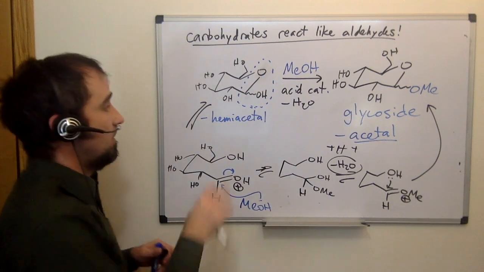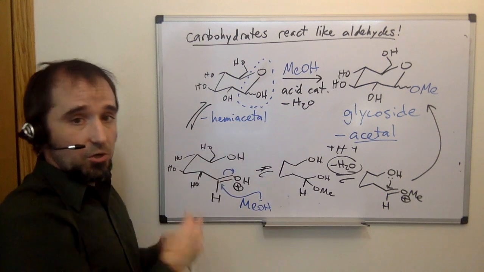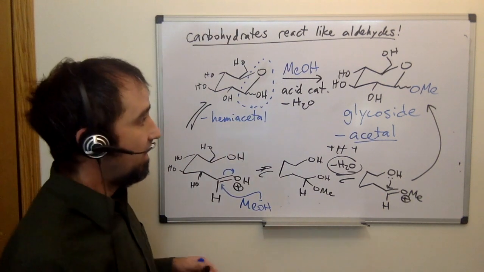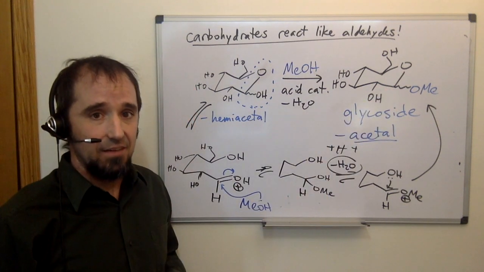So again, most carbohydrates hang out in hemiacetal form, but if we cook them with an alcohol and acid catalysis and remove water, then we're going to make an acetal, which we're going to call a glycoside.